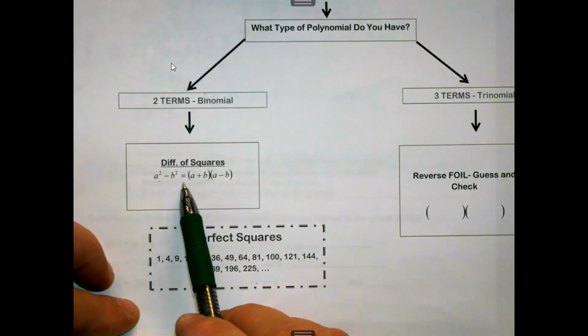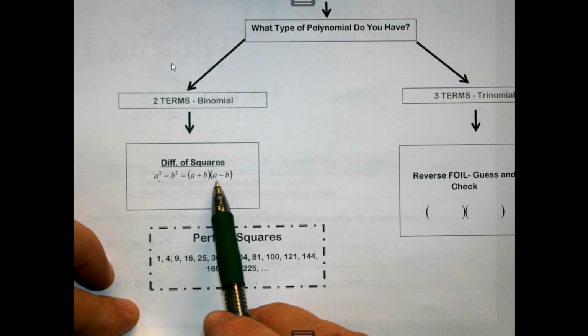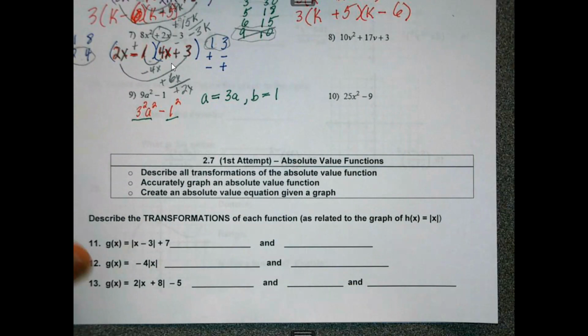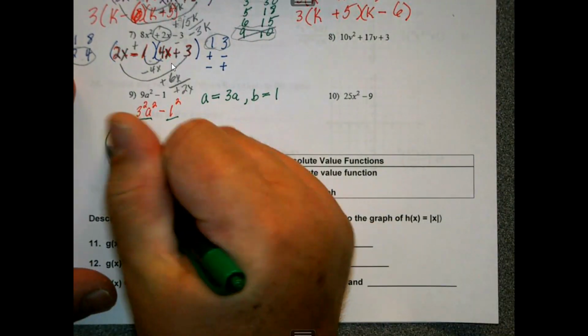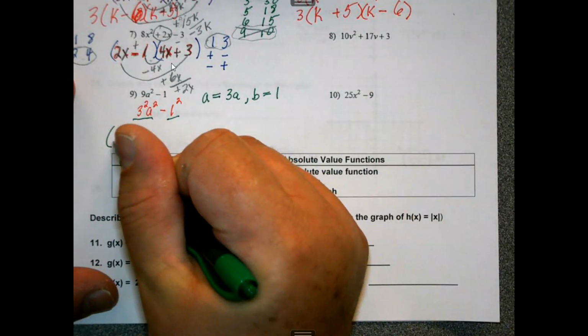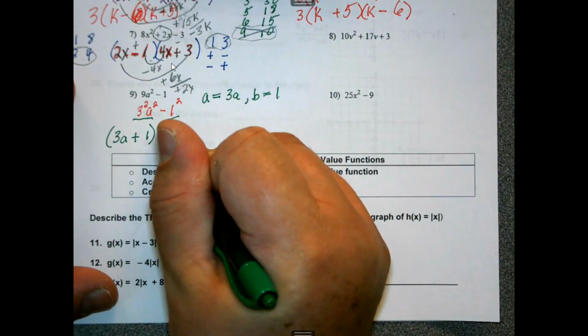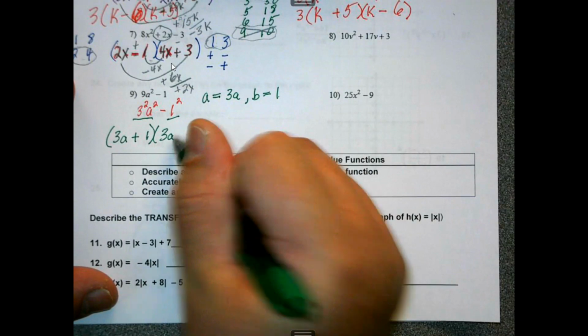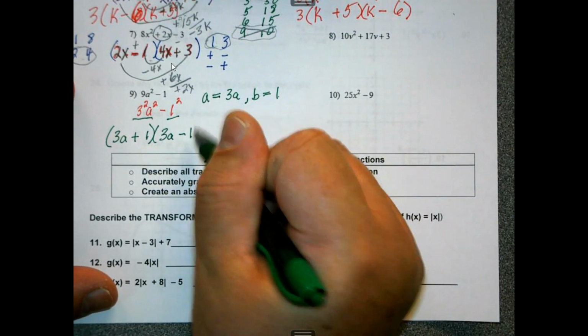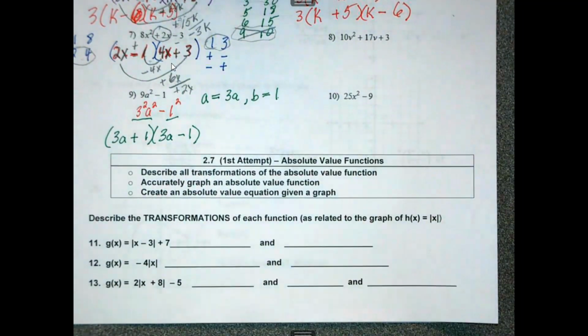So if I put that in our formula, I'm going to have a plus b and a minus b. So a, which is 3a, plus b, which is 1, and then a, 3a, minus b, which is 1. There's my answer.